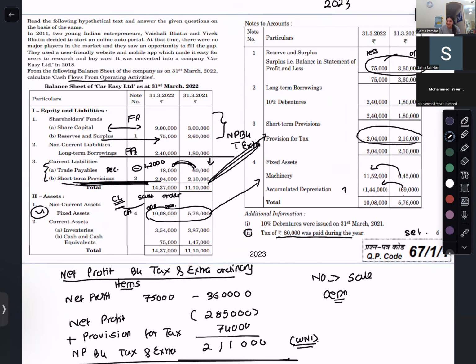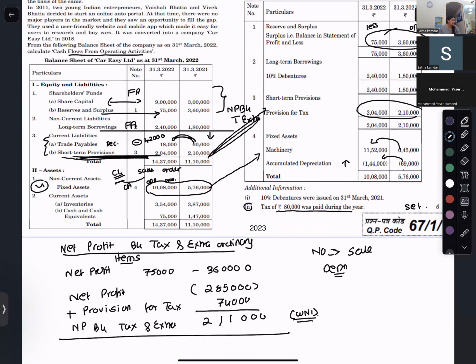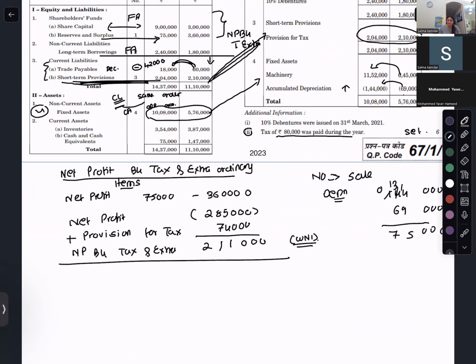There is an increase in depreciation. How much is the increase? 144,000 minus 69,000. 10 take away 9, 5, 4, 5, 6, 7. 75,000 is the increase in depreciation.